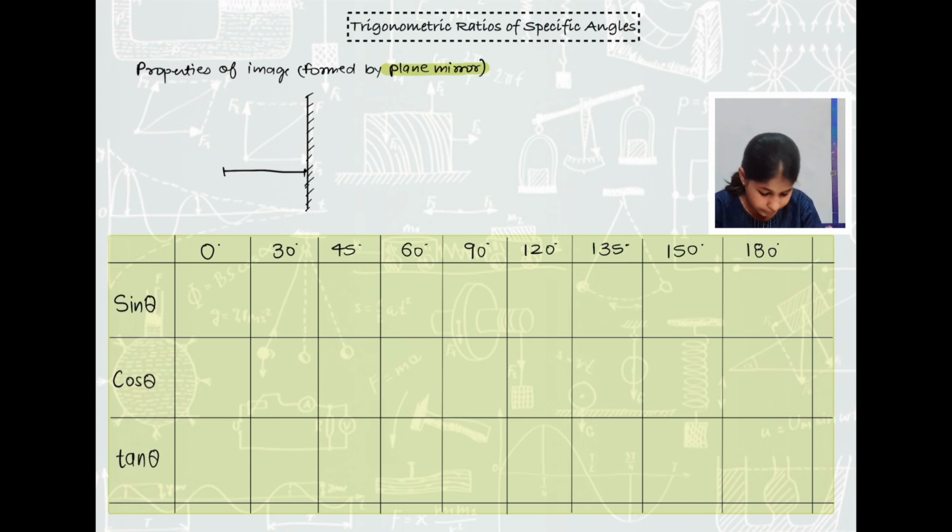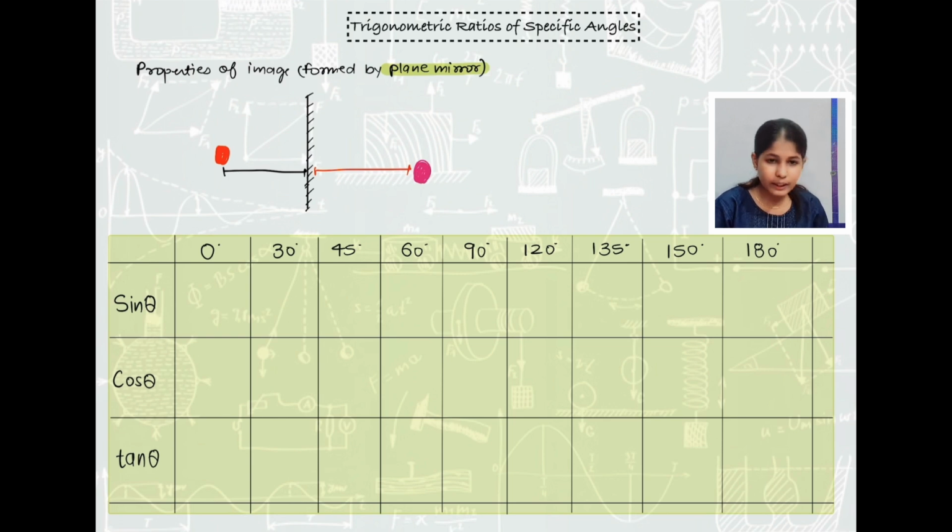For example, this is the mirror, and you can see here the distance between the object and the mirror. For example, this is our object, and whatever the distance it is from the mirror, it will be the same in the case of the image also.